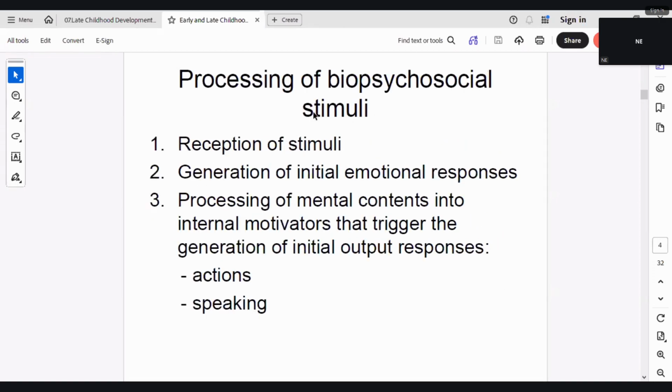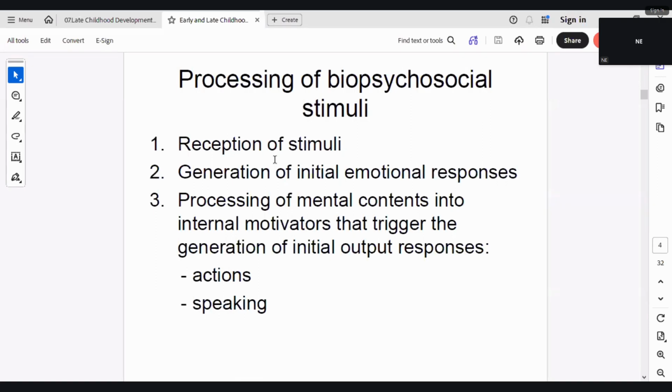So how do we process biopsychosocial stimuli? Here, the child receives a stimulus, a reception of stimuli from the environment through the senses, whether it's something they hear, see, touch or smell. According to that stimulus, there's a generation of an initial emotional response.